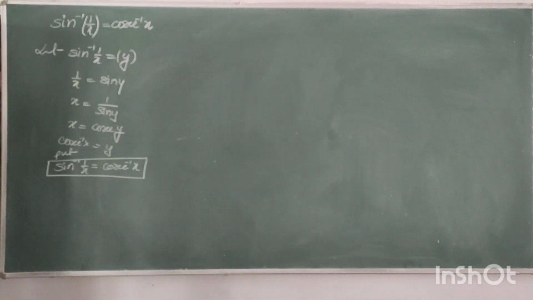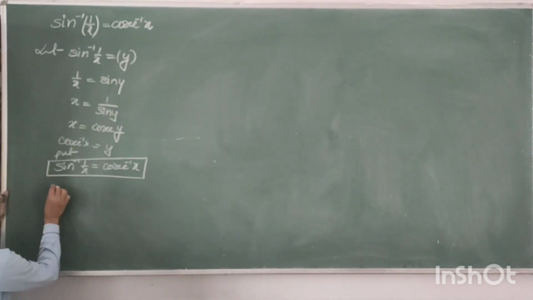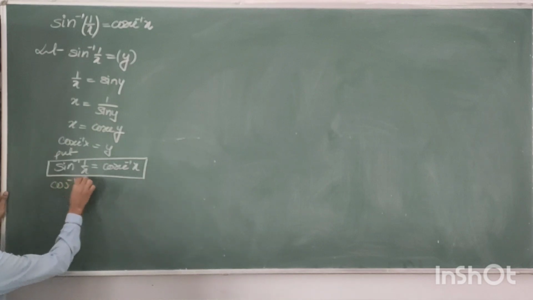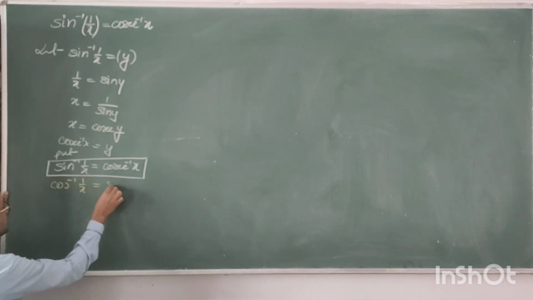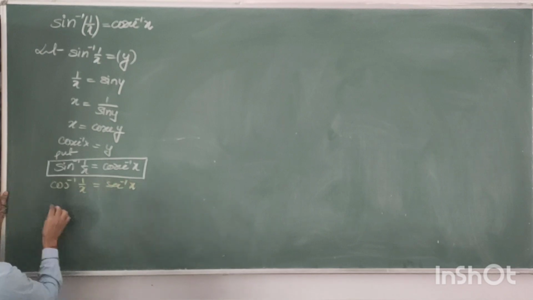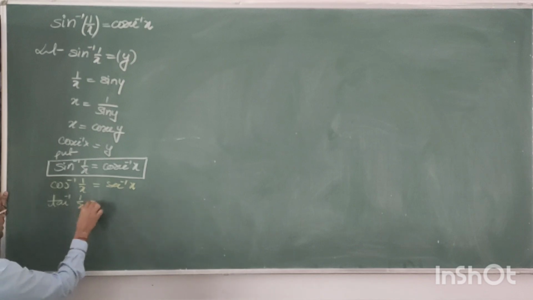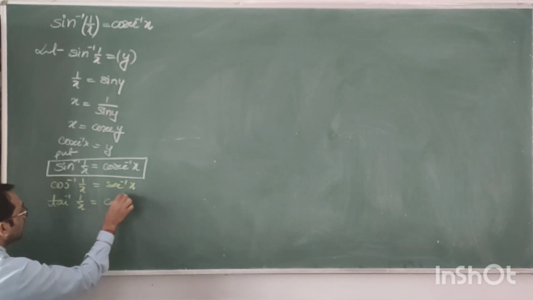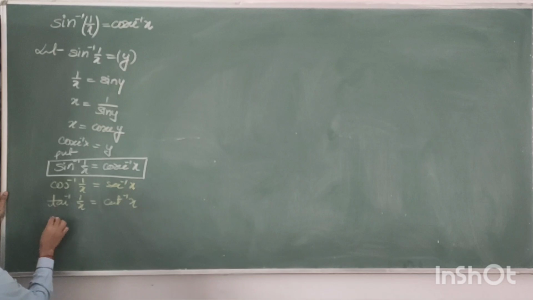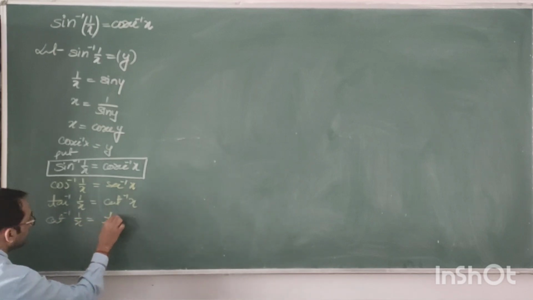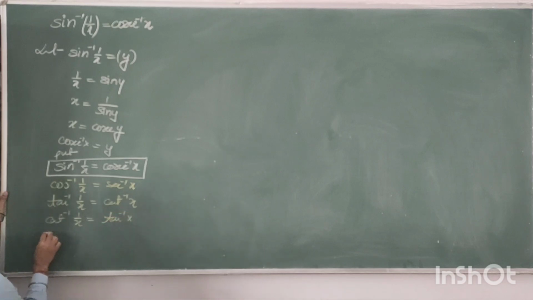If you are able to understand this, then in the same manner we can go for the others also. Like cos inverse 1 upon x will be sec inverse x. Tan inverse 1 upon x will be cot inverse x. Cot inverse 1 upon x will be tan inverse x.